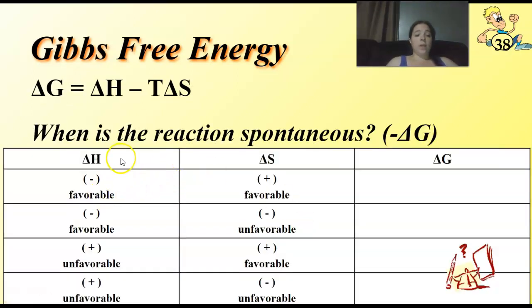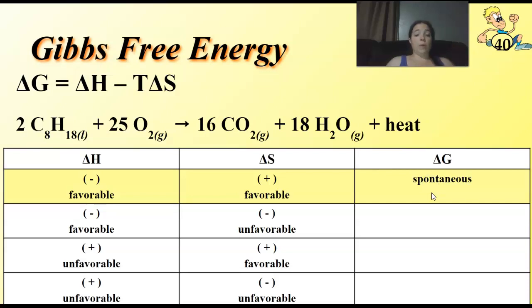So let's see this. If delta H is negative, exothermic, and delta S is positive, there is more spontaneity, so Gibbs free energy will be negative, spontaneous.